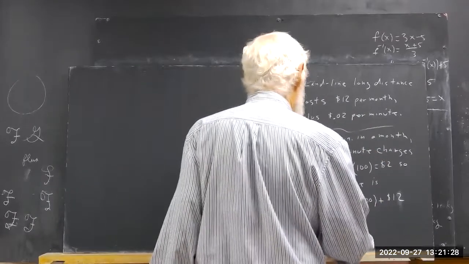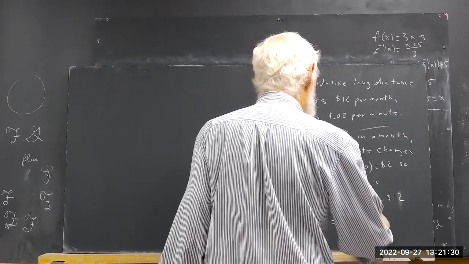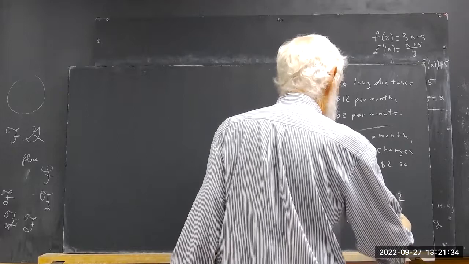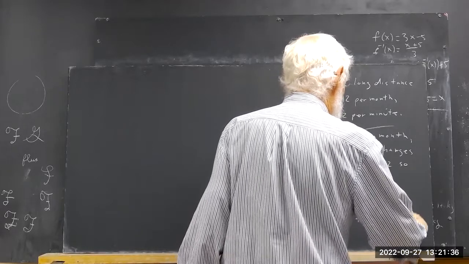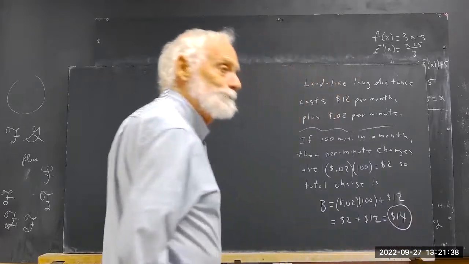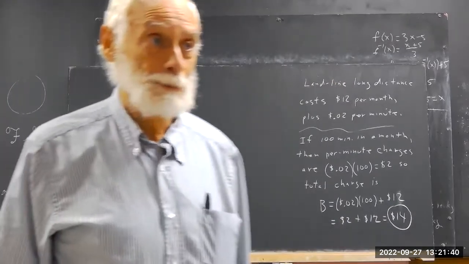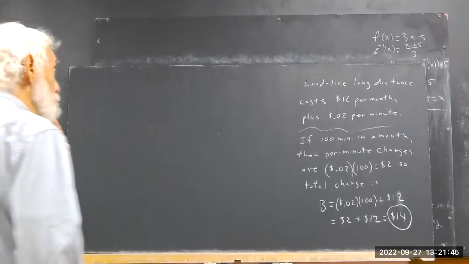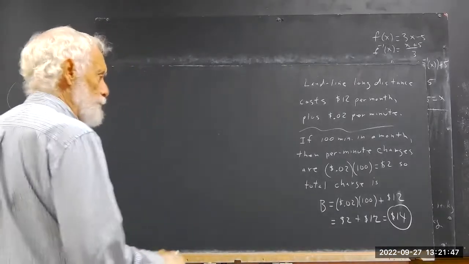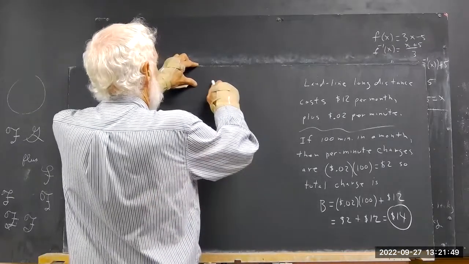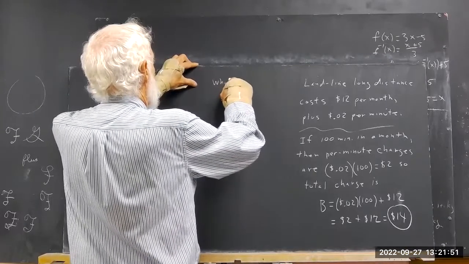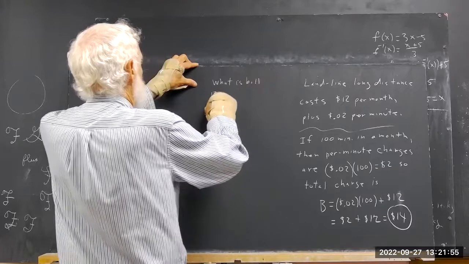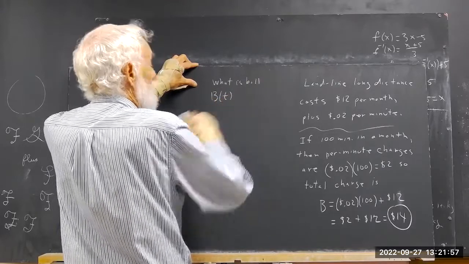So that equals $2. Well, I want to write that 14. Now I get to write it. Okay, makes sense. Okay, well, so we can say, well, how about writing down what's your bill B of T?